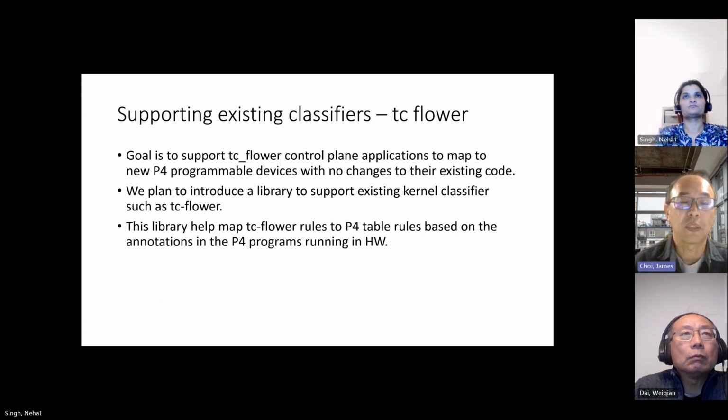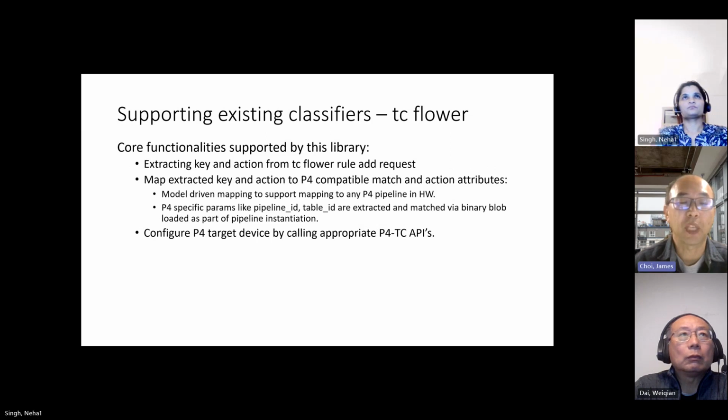So the mapping of a named protocol like TC Flower to a program independent pipeline requires a mapping of named fields in the TC Flower onto the model driven fields of a P4TC pipeline. So we plan to have a table that helps with that kind of mapping.